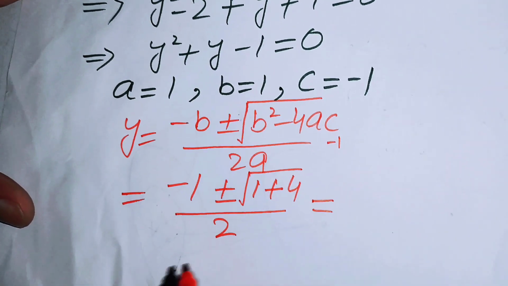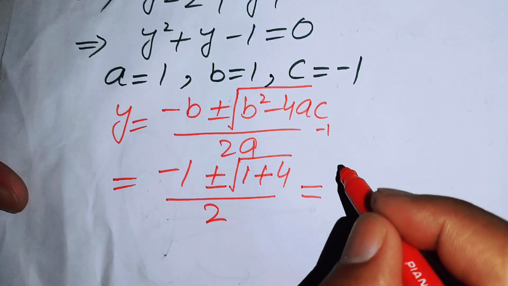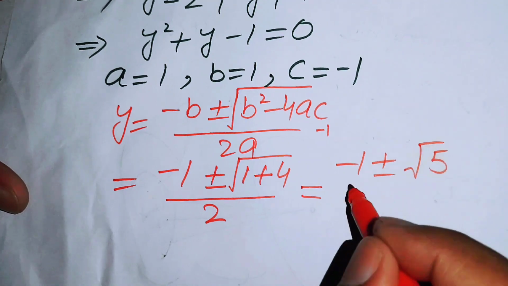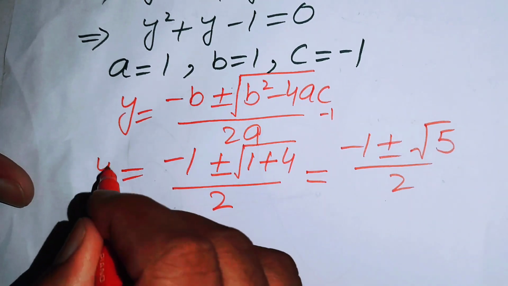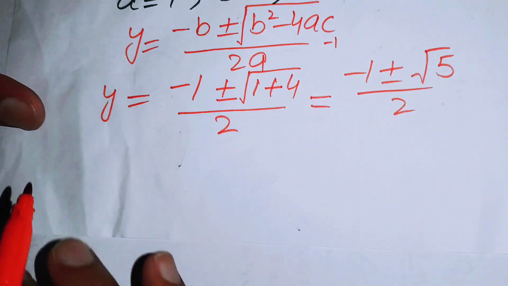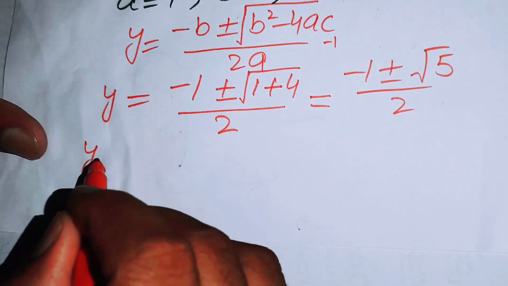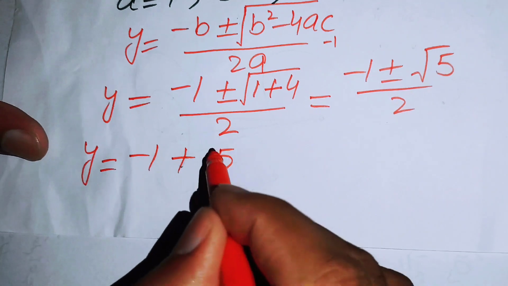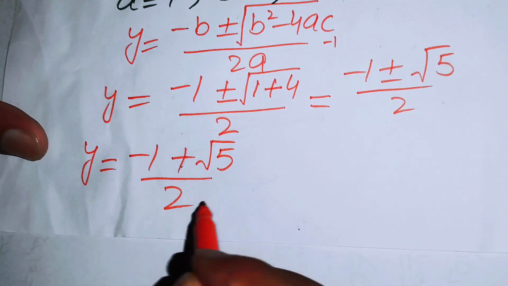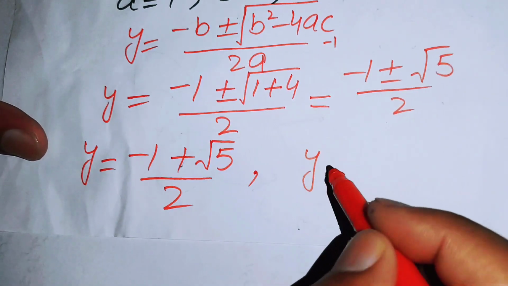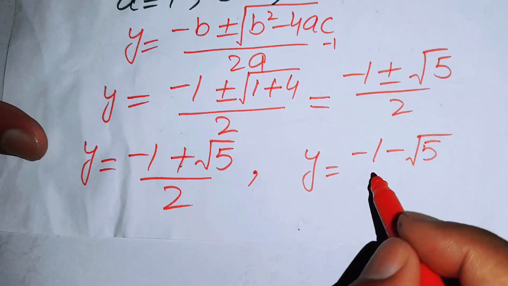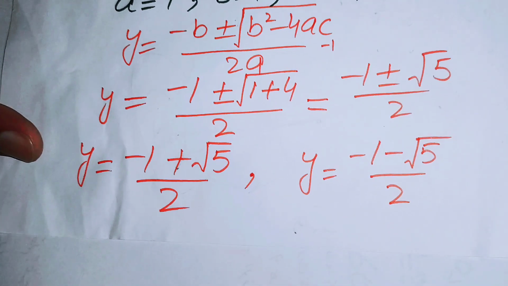And here you can simplify the terms a little bit, and you get minus 1 plus minus square root 5 over 2. So here you have two cases. The first case is y equals minus 1 plus square root 5 over 2, and the other case is y equals minus 1 minus square root 5 over 2.